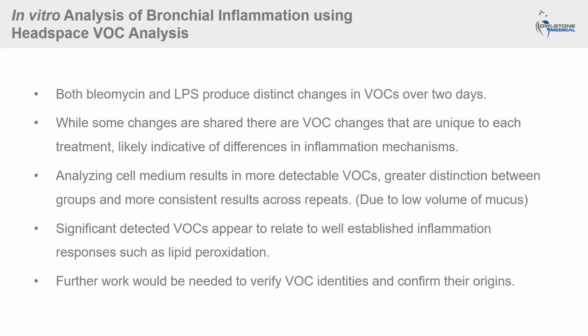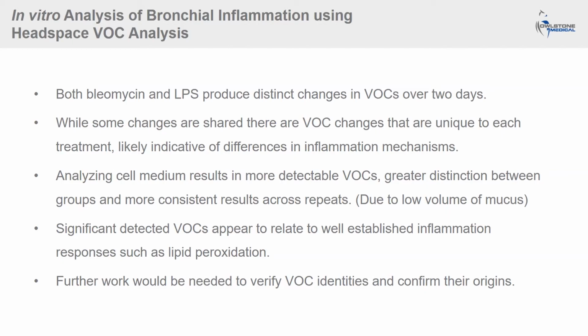To summarize a bit of what I told you so far, we see distinct changes in the VOC profile of cells treated with bleomycin and LPS after 48 hours. We see some compounds that are specific for LPS or bleomycin, but there are some compounds that basically are different for both treatments.